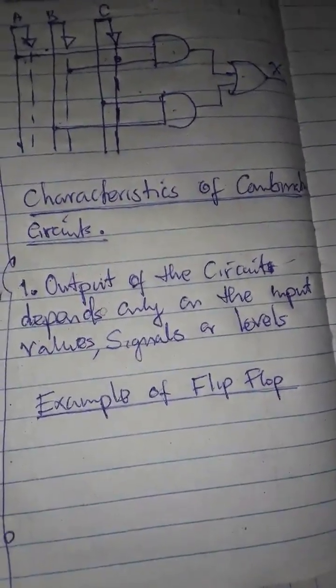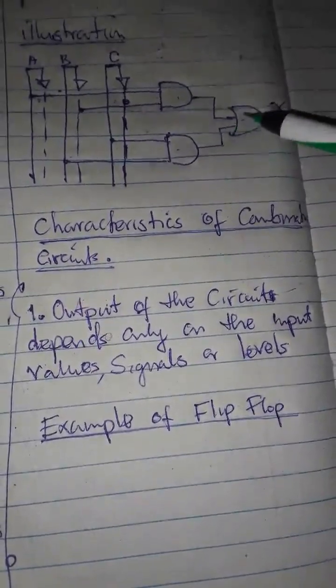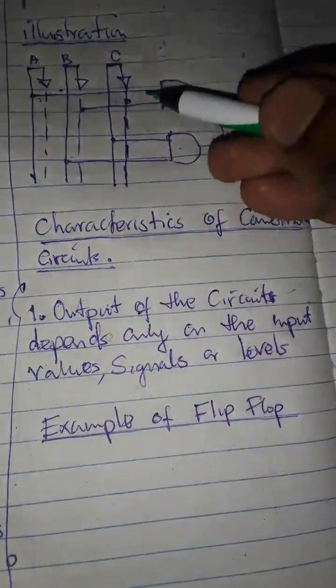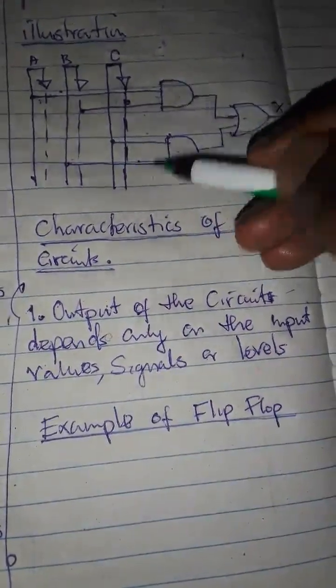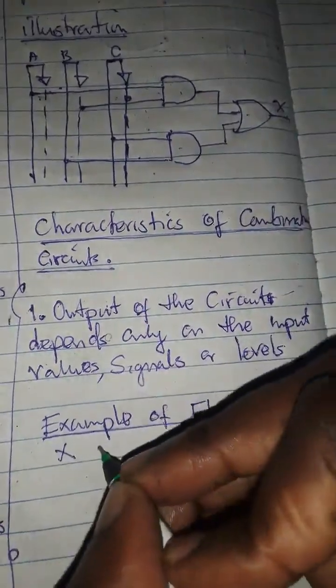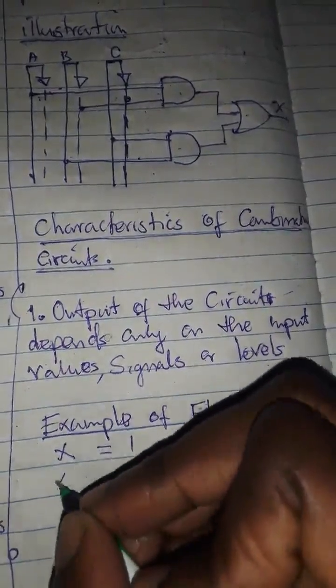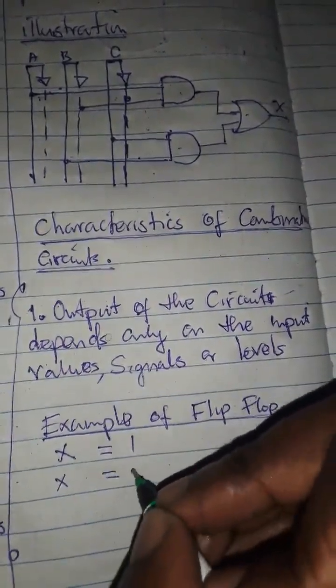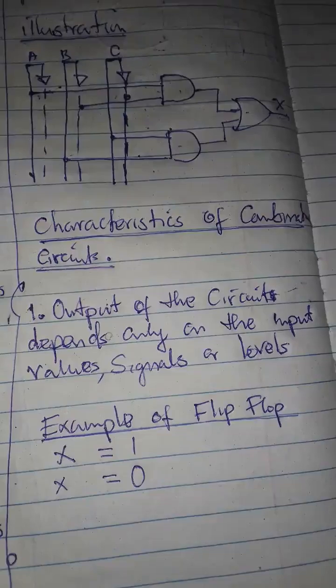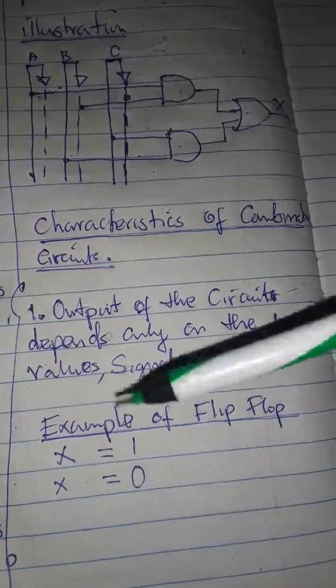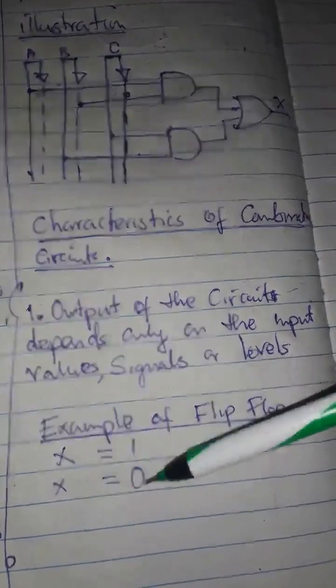Let's say you put in some input signals, and the first result you got as X was a 1, and the second result you get as X is 0.